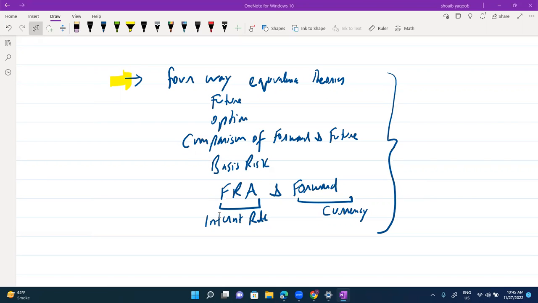There is no need of reading the examiner reports again for the risk management. बाकियों के लिए आप पढ़ लें. रिस्क मैनेजमेंट मैंने सारा करा दिया. तो मेरी रिक्वेस्ट है कि प्लीज now it's the time to revise all these points. Four-way equivalence theories, future options, ये बुक से लाजमी पढ़ लें आप, या नोट से हमारे लाजमी पढ़ लें.